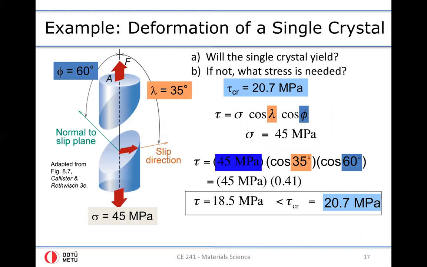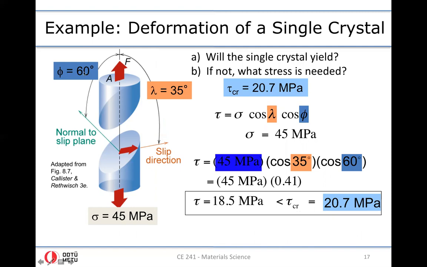In this case, what you have is a similar picture. You have a cylindrical specimen that is subjected to uniaxial stress, whose value is 45 megapascals. And in this case, a slip plane normal makes an angle of 60 degrees with the direction of the loading, and the slip direction makes an angle of 35 degrees with the direction of the loading.